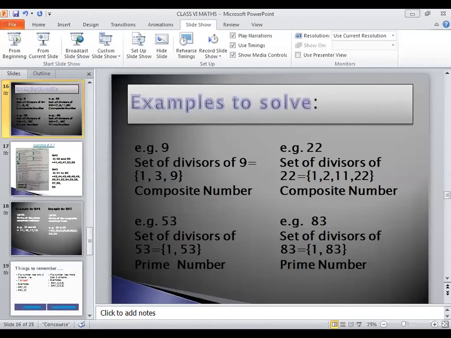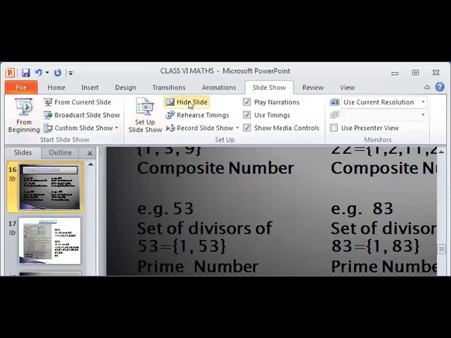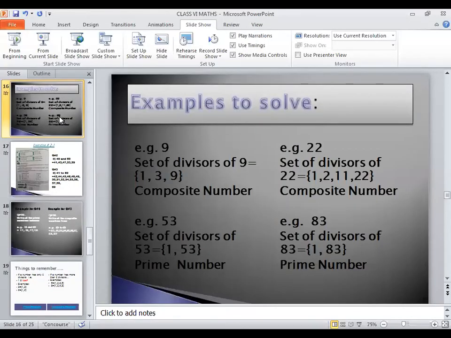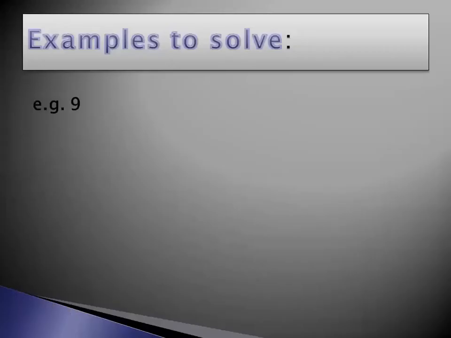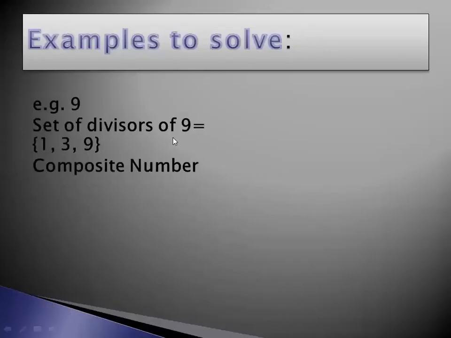Okay, 1, 3, and 9. Very good. So the set of divisors of 9 are 1, 3 and 9. You are doing very well.